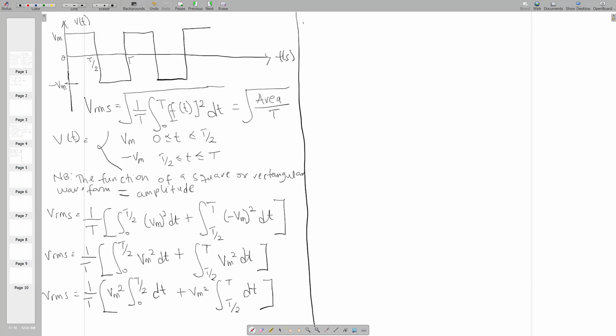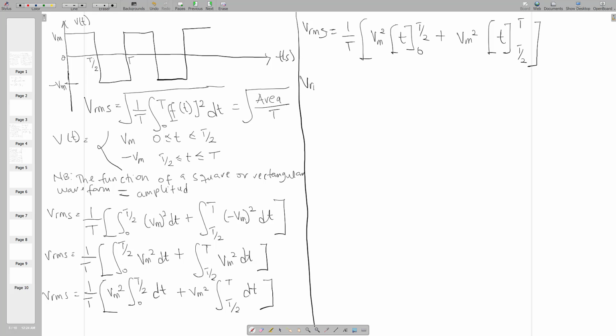So let's continue. VRMS from here will be 1 on T, Vm squared. When we integrate dt, we will have t, and the limit is from 0 to T on 2, plus Vm squared. Integrating the dt again is t, and the limit is from T on 2 to T, like that.